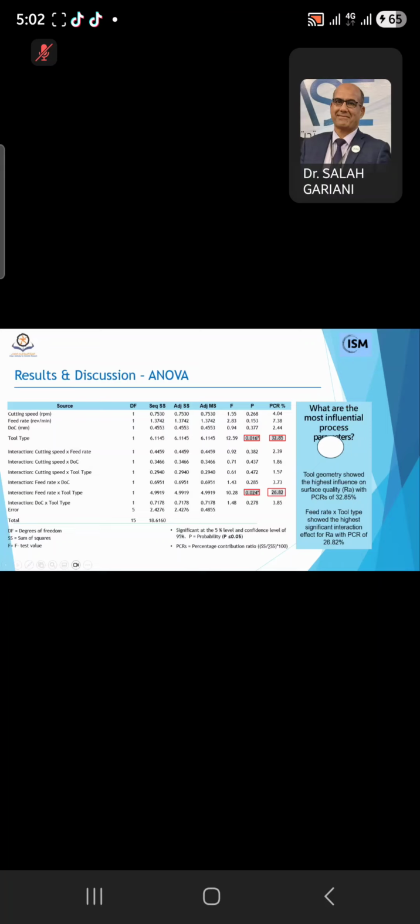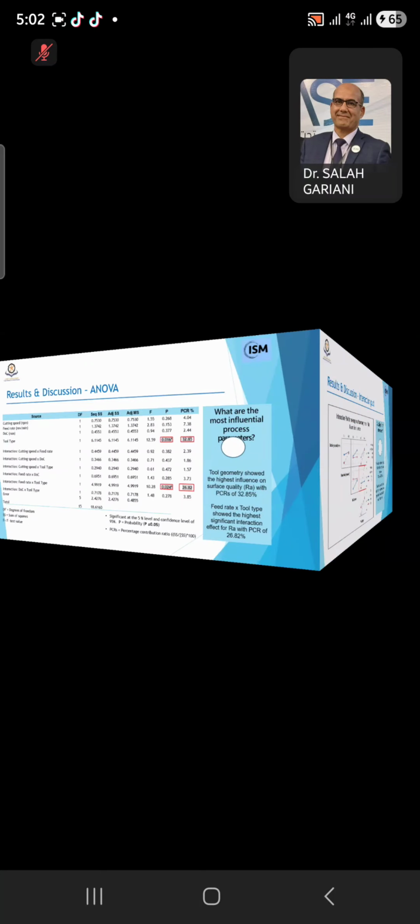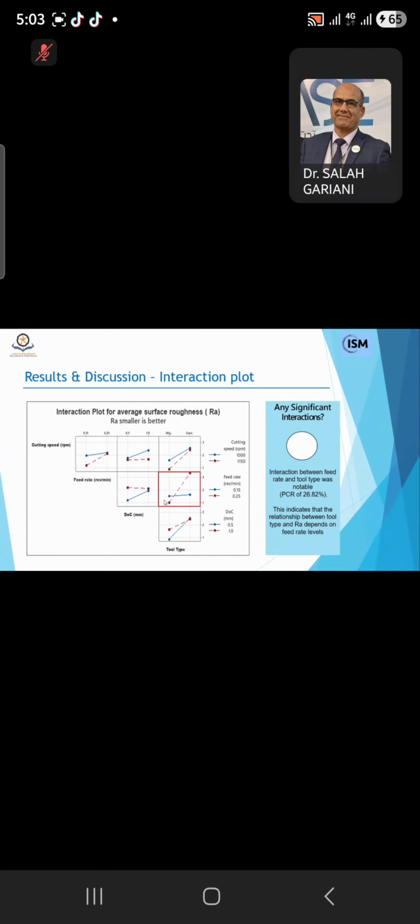Also, feed rate and tool type show the highest significant interaction effect for surface roughness, with a percentage contribution ratio of 26.82. Interaction plot diagrams show that there is a mutual interaction between feed rate and tool geometry or tool type.